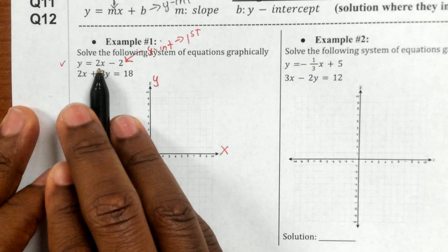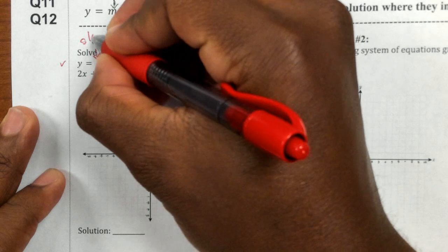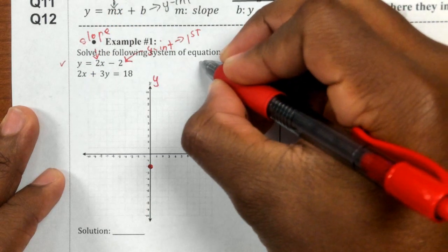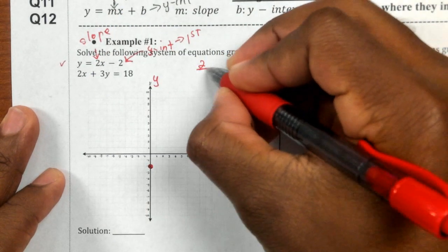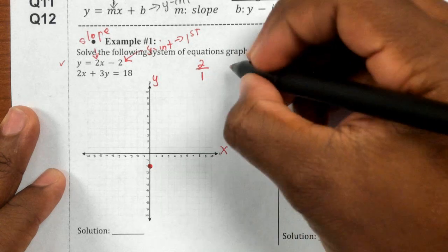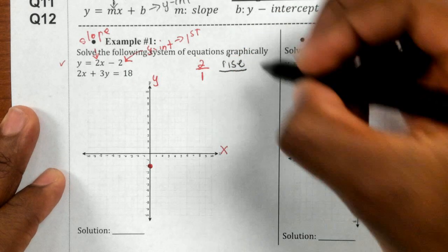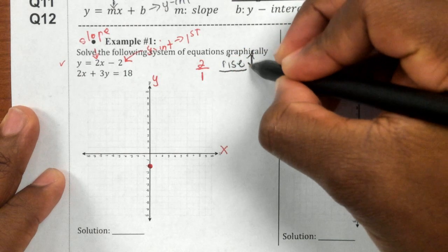Now I'm going to apply my slope, because the slope tells you direction. In this case, I see that the slope is the 2, or I can write that 2 as 2 over what number? 1. So the number on the top tells us our rise. Rise tells me if I'm going up or down.